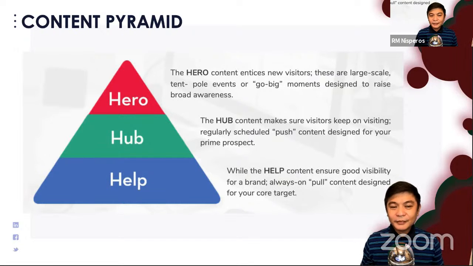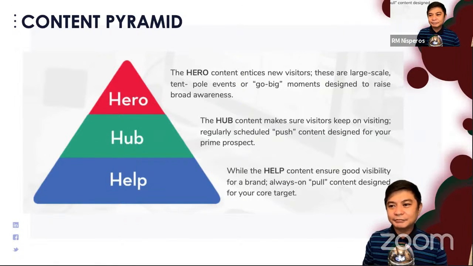Now, you need to provide hub and help content. Hub is about you. Hub is about your product, your service, your offering. So this is about explaining your product or service in whatever form, whatever content type. Help is about content that your customers usually seek.